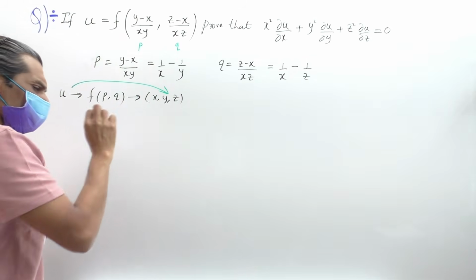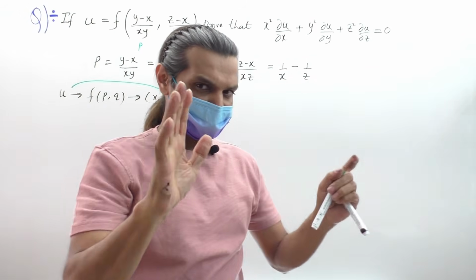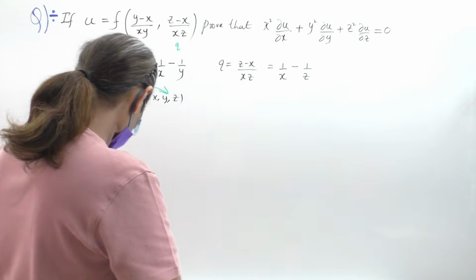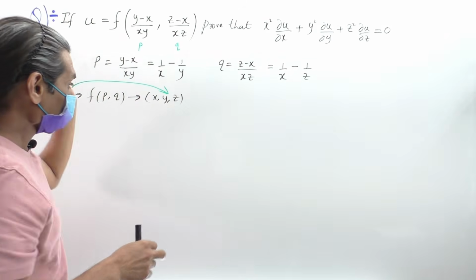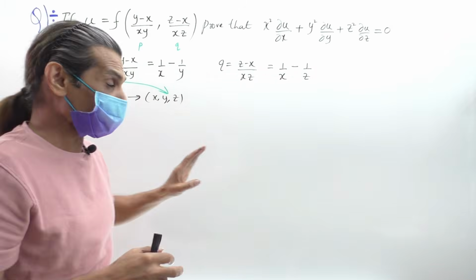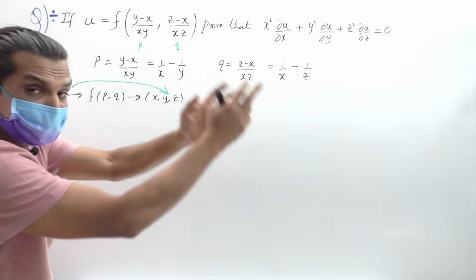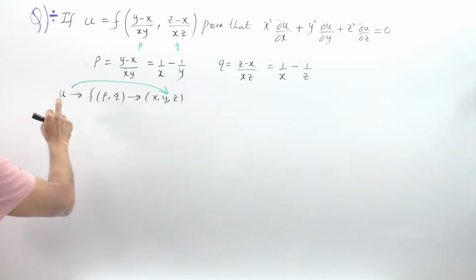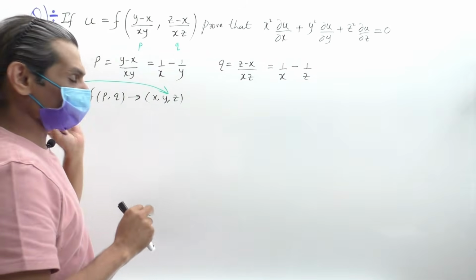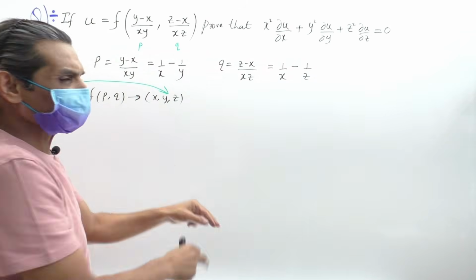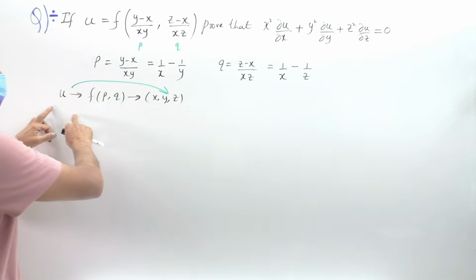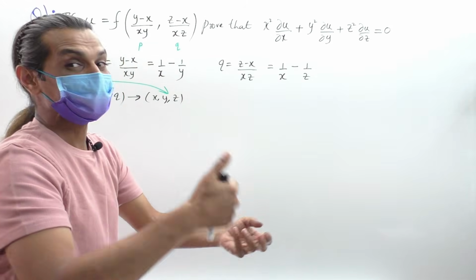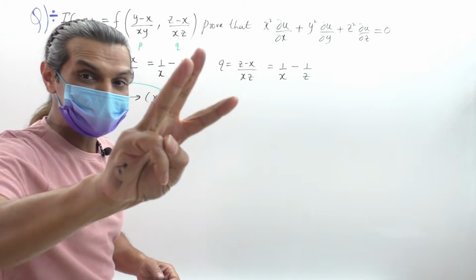So in very simple terms, I'll explain like this. See, listen carefully for you to remember. u is a function of P and Q. P and Q is a function of x, y, z. That means u is a function of x, y, z. Let's say u has two wives, P and Q. P and Q has three children, x, y, z. Then obviously u is a father of x, y, z. That means you will have three children.